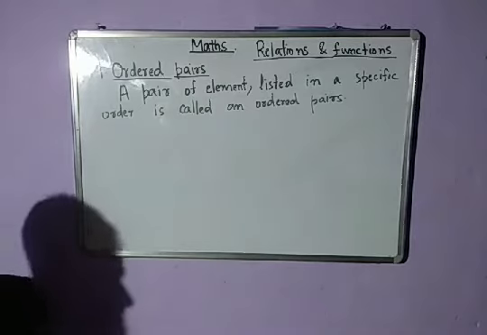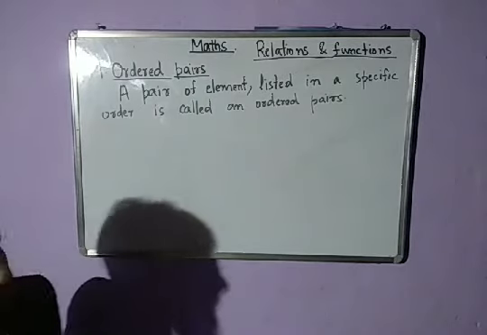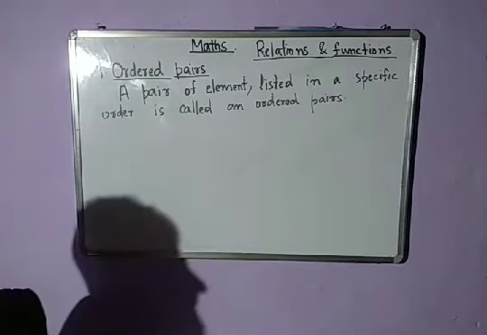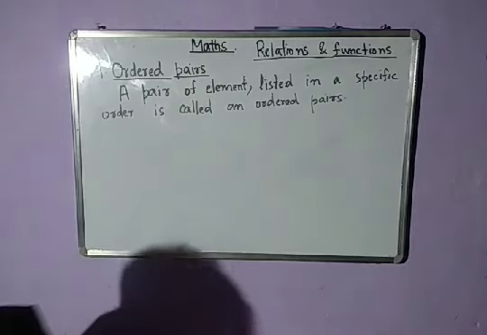So whenever you have a pair of elements, two elements which are listed in some order, that's called the ordered pair.